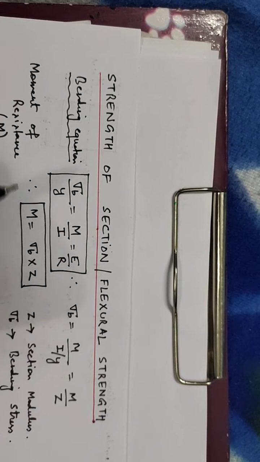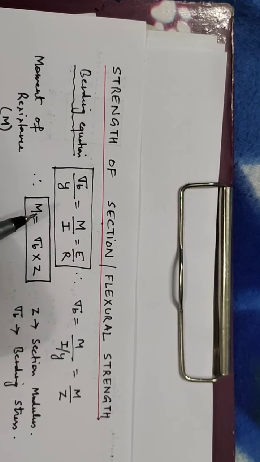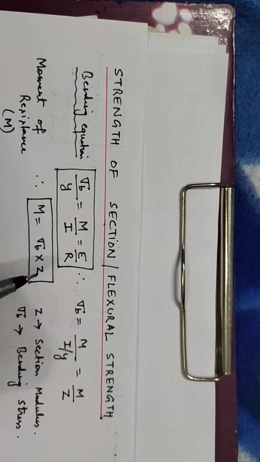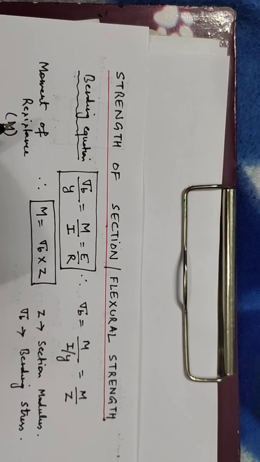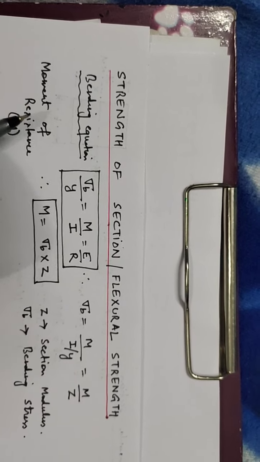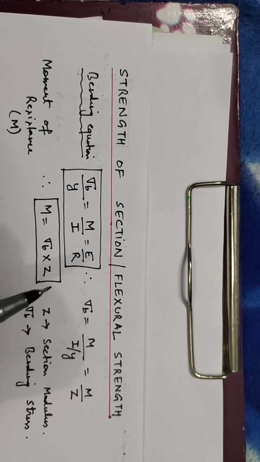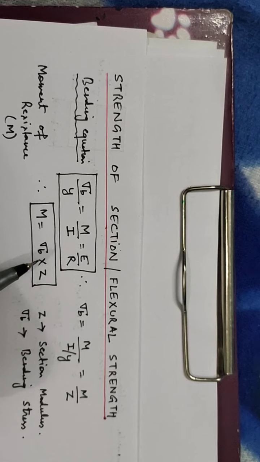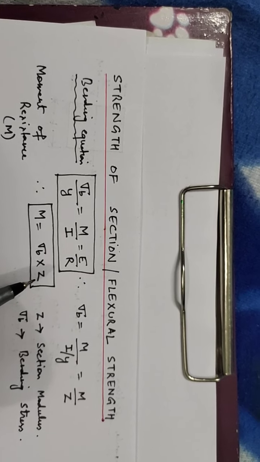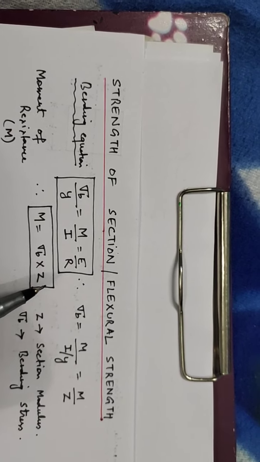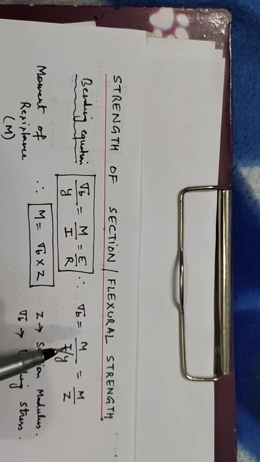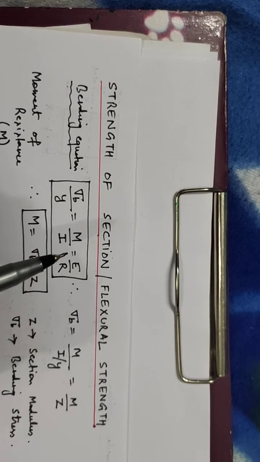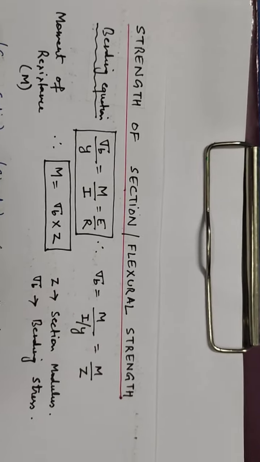Or we can say that the moment of resistance will be equal to sigma b into Z. That is the moment of resistance of any beam, or we can say the strength of any beam under the given bending stresses. It is directly proportional to the value of Z, and the value of Z depends upon the moment of inertia, that is, the section of the beam which we have taken.